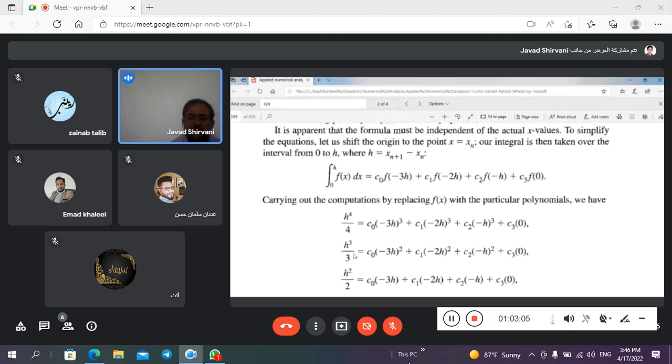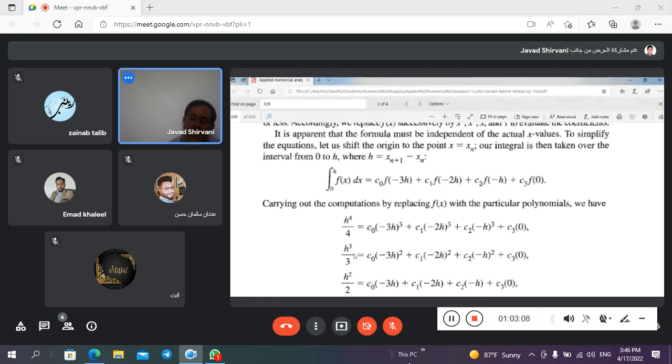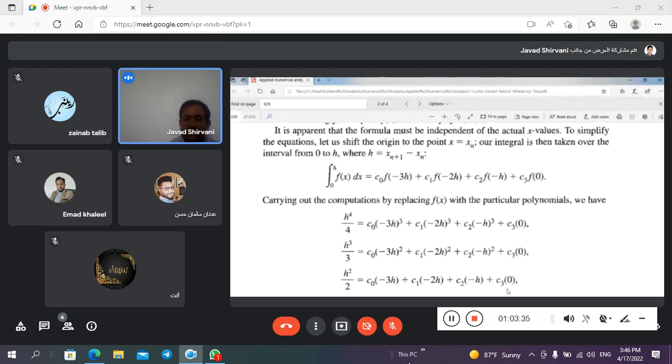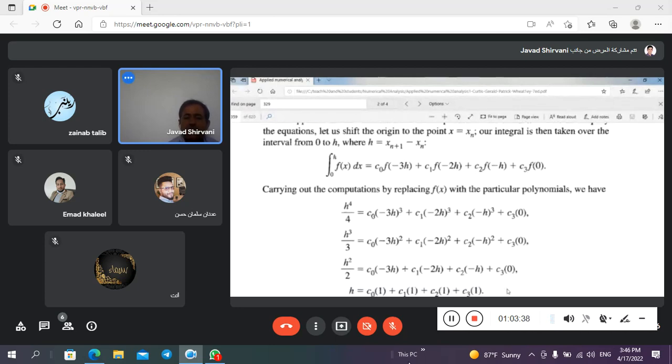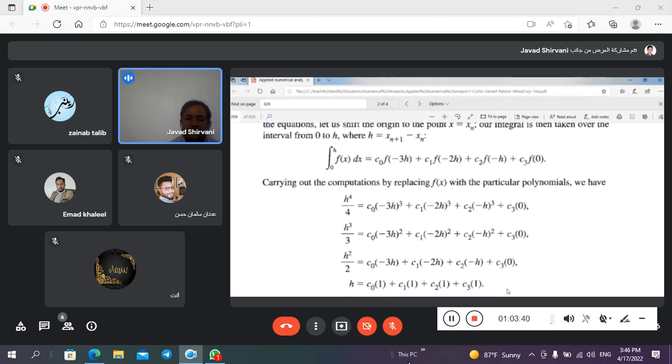You can see this as the last equation on this screen, and for the right side, we just substitute the values, with f(x) being x, f(minus 3h) gives minus 3h, f(minus 2h) equals minus 2h, and as in the previous one, the next one becomes f.